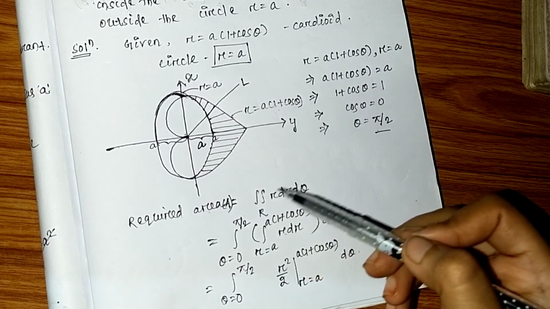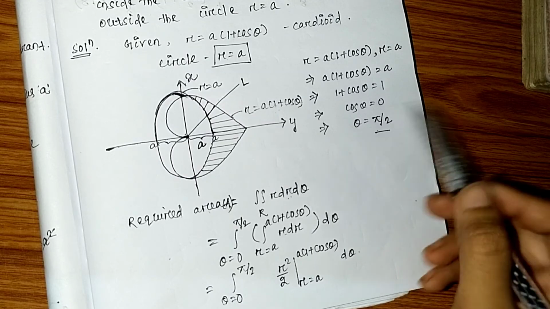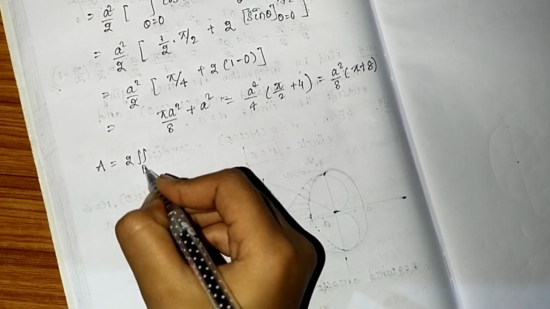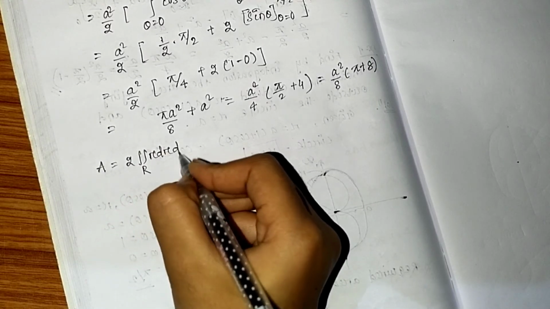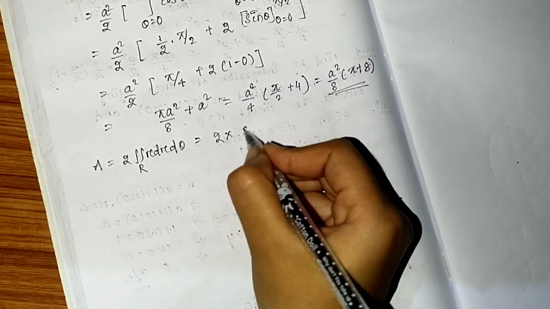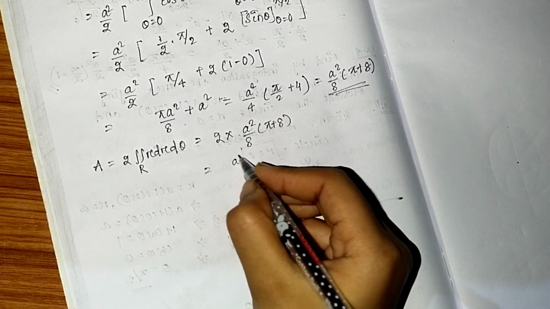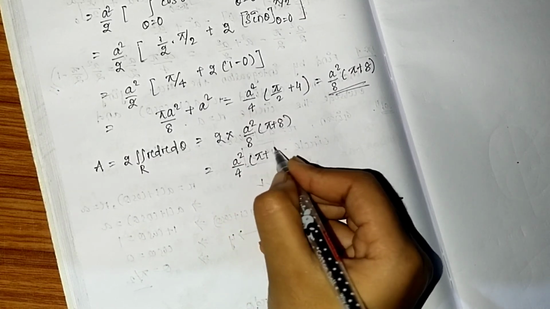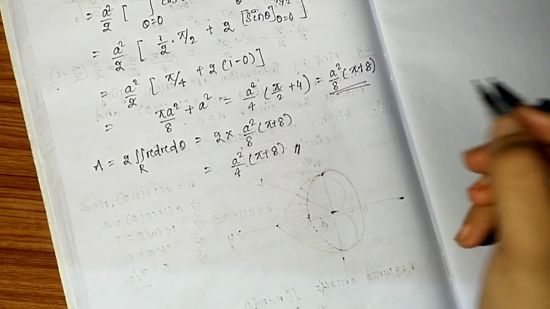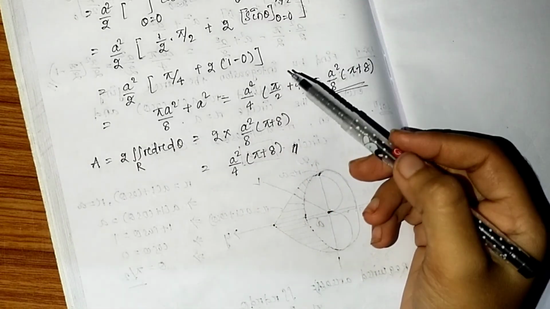So the area is 2 into the double integration over r dr d theta, which is 2 into a square by 8 into pi plus 8. So that is a square by 4 into pi plus 8. This is our required area lying inside the cardioid and outside the circle.